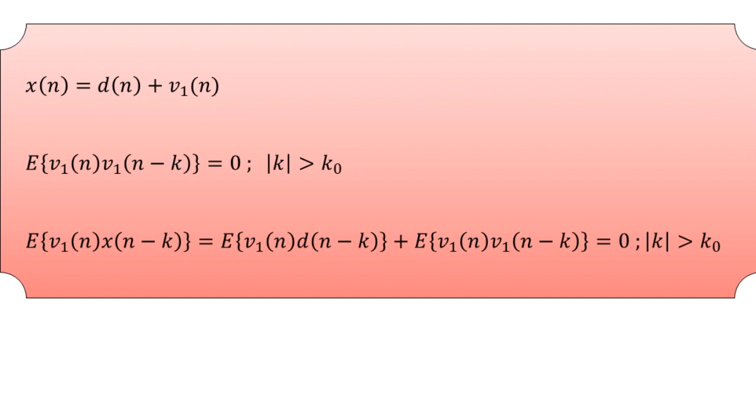So this will be uncorrelated with the noise signal v1 of n, and it will be correlated with the desired signal d of n here. Therefore x of n minus n0 may be utilized as a reference signal for estimation of the desired signal. This is illustrated in the block schematic here.